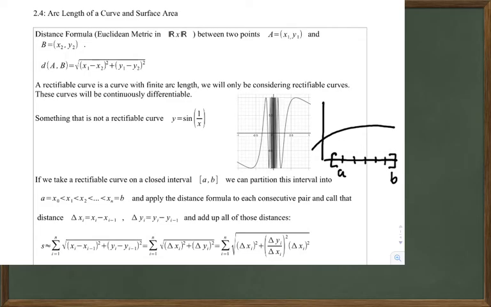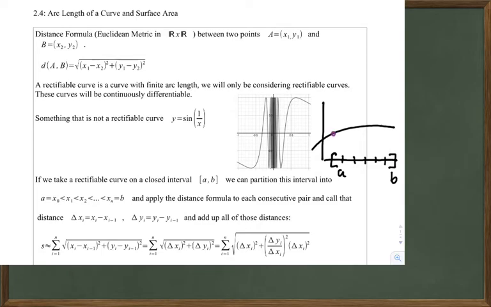Okay, and we're going to apply the distance formula to each consecutive pair, and call the difference in the x coordinates delta xi and the difference in the y coordinates delta yi.